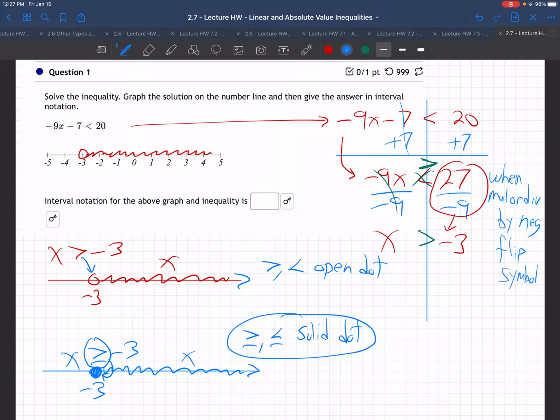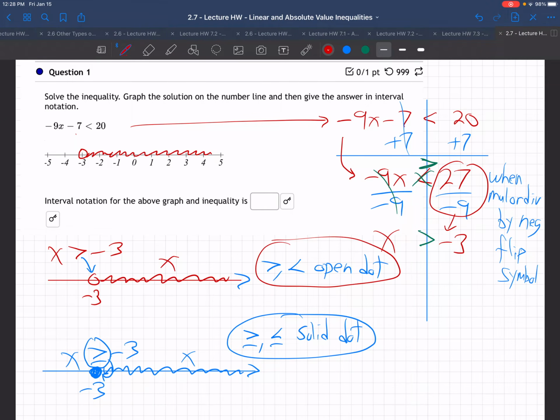If you're saying x is greater than or equal to negative 3, then it can be right on negative 3, so you want a solid dot there. Whereas if you're just saying that x is greater than negative 3, then it can't be equal. It's only greater, so it's only to the right. It's not straight on the spot, so you put a hollow dot there. It's like you've drilled out that spot.